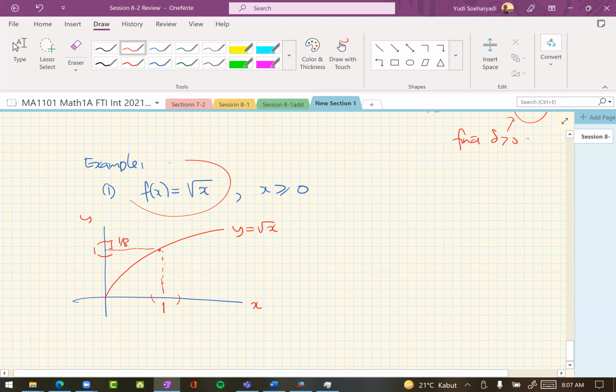Okay, so this is the rule of the function of the measurement.